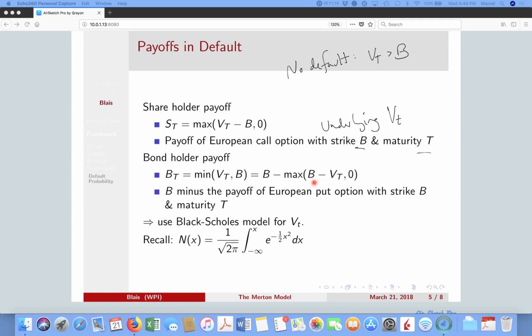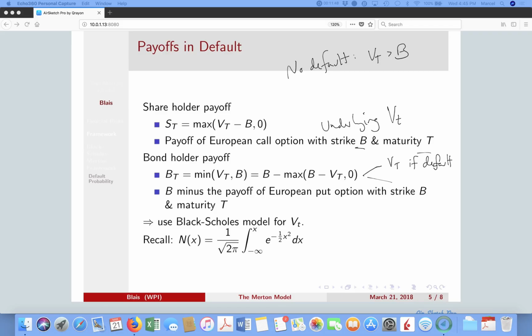That's the case of a default where the bond payment, the face value of the bond, is more than the value of the firm. So if that's the bigger of the two, that's the default case. So the maximum would pick up B minus V_T. So we would get B minus B minus V_T. So this would be V_T if we default.